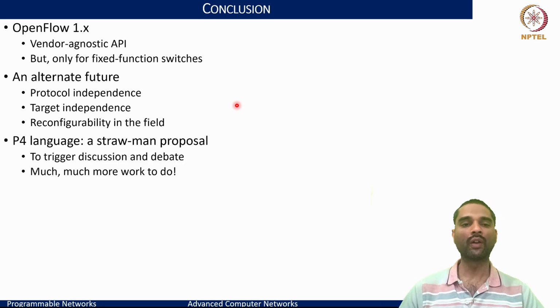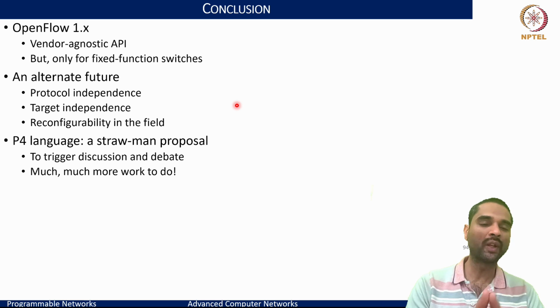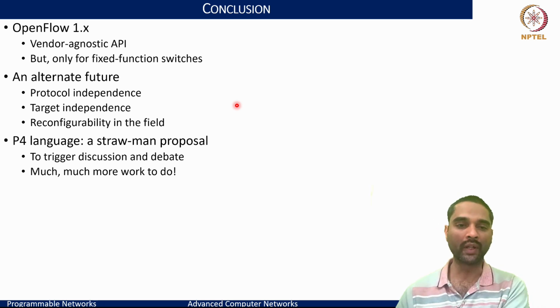And what we have achieved is a P4 language, with a proposal that is basically decoupling how the data plane programming can be done from the data plane's actual hardware implementation.